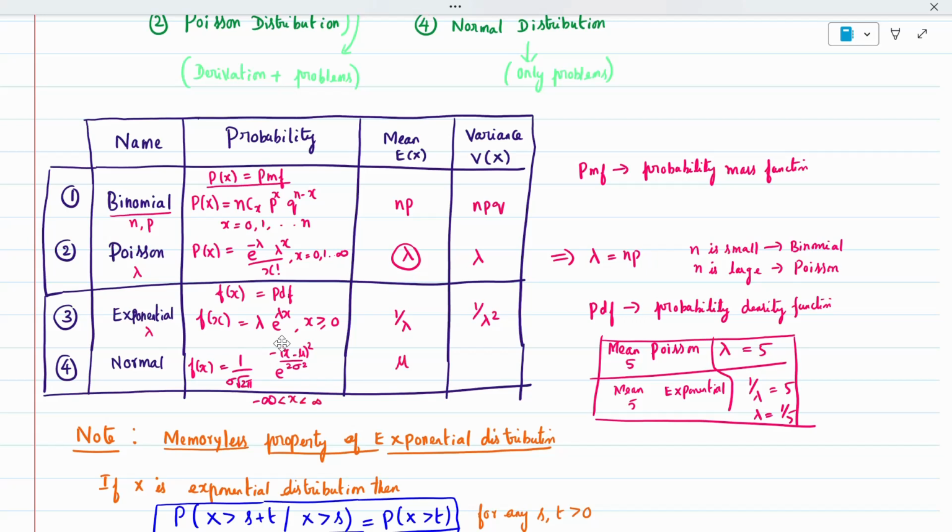Mean is mu and variance is sigma squared. So these are the four probability distributions we know; we can do derivation plus problems.